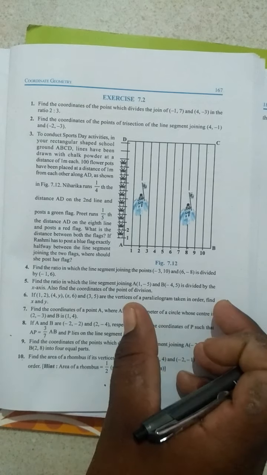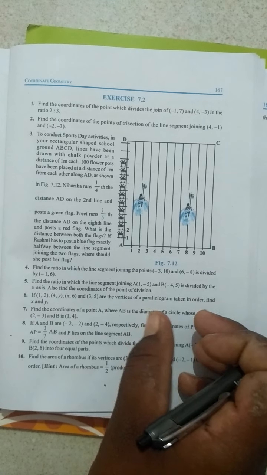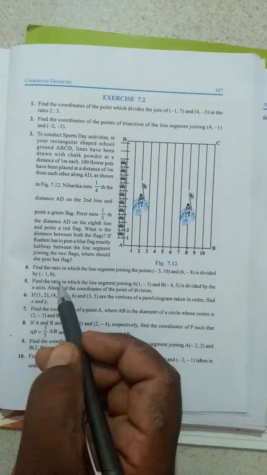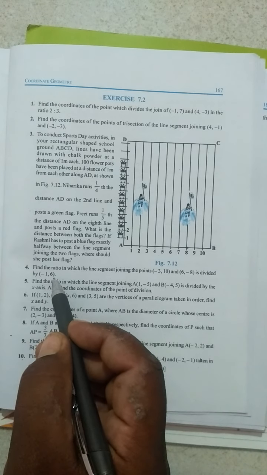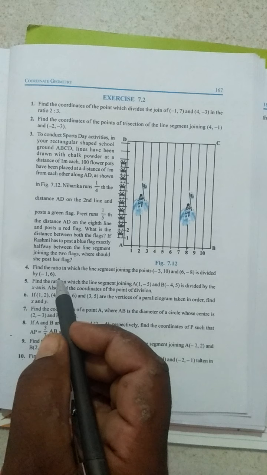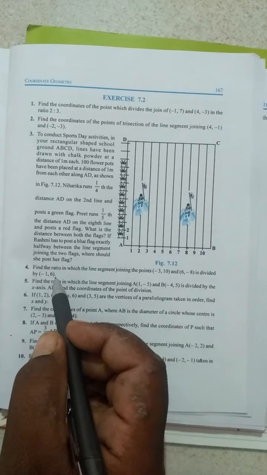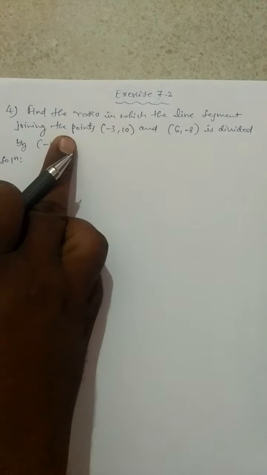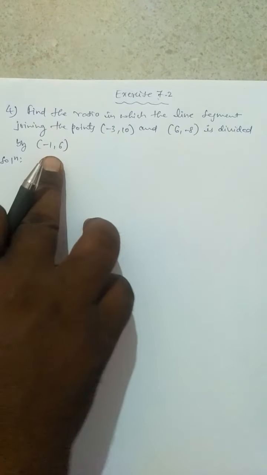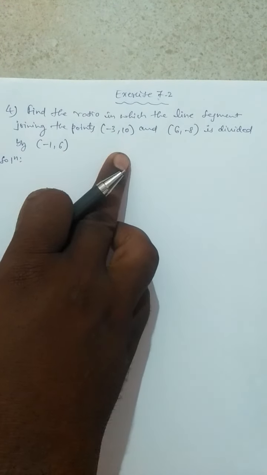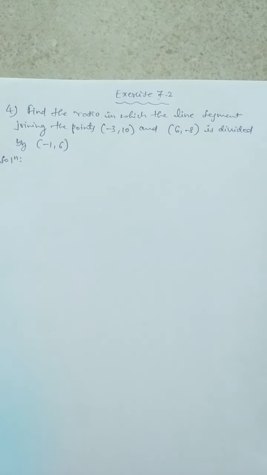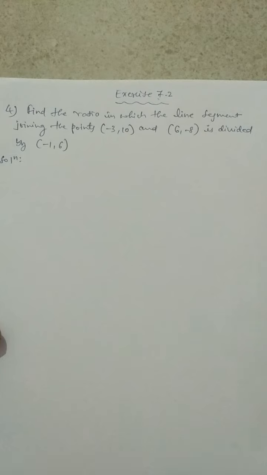So if you join these 2 points on a line, there exists one more point, that is (-1, 6). So we have to find out the ratio of this point. Now see here, find the ratio in which the line segment joining the points (-3, 10) and (6, -8) is divided by (-1, 6).